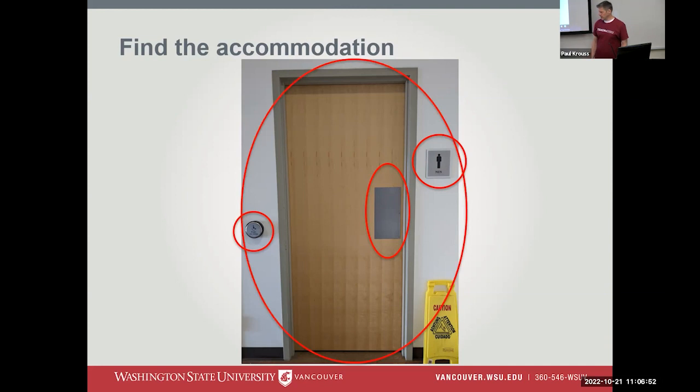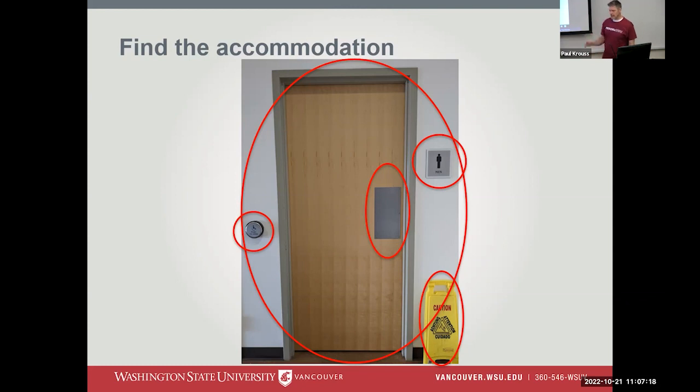Also, there's a bathroom. That is also an accommodation for people who use bathrooms. But it didn't have to be there, right? And then lastly, there's a caution sign, slippery when wet, that accommodates people who are susceptible to gravity. So if you slip, you fall, but for those who have trouble with gravity, right?